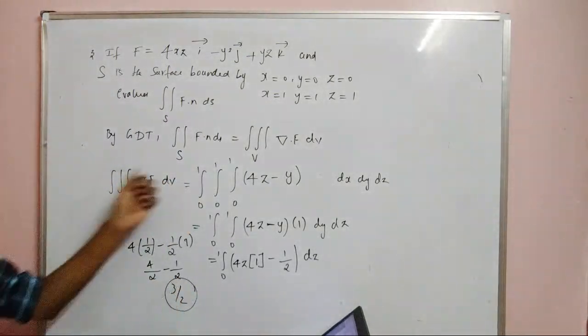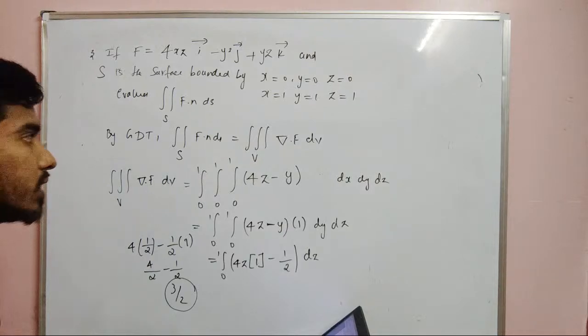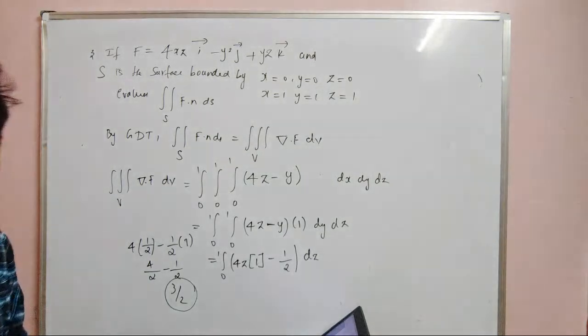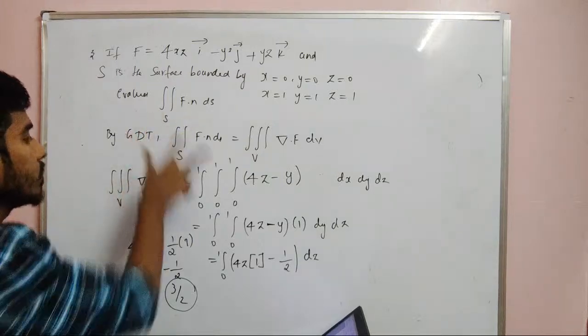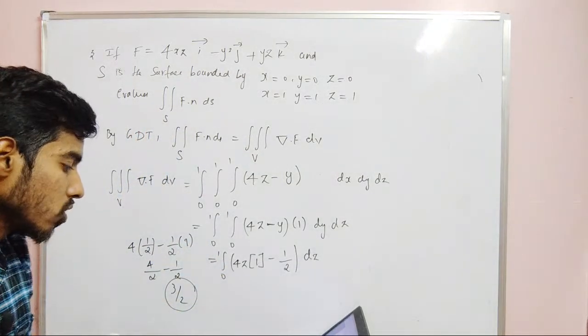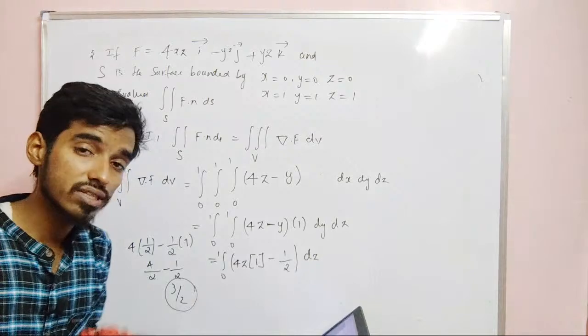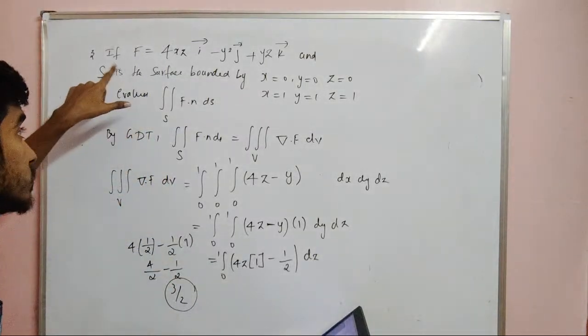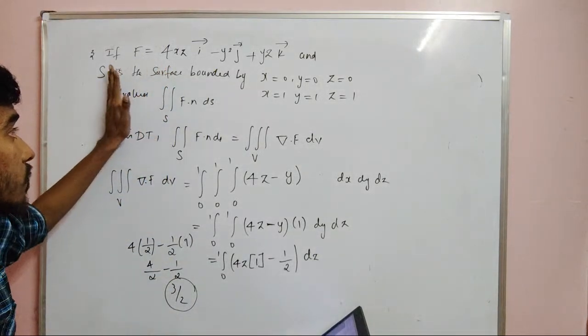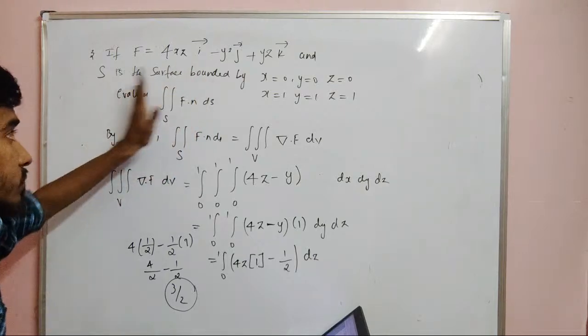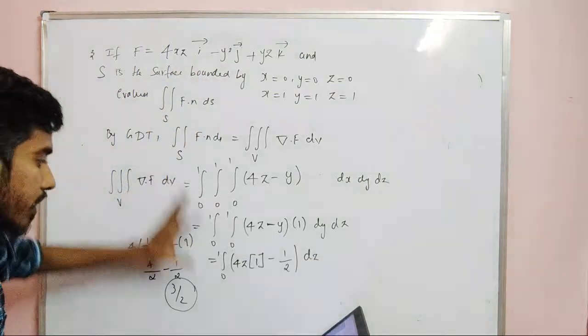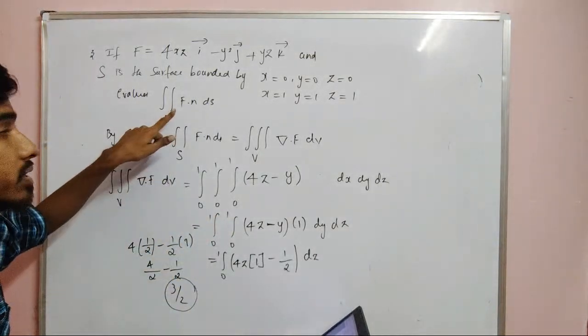So you can see we finished this problem in less than 1 or 2 minutes when I used the Gauss divergence theorem. But in the exam, suppose I change this question to verify the Gauss divergence theorem. That means you need to find 3 by 2 and also evaluate the surface integral.